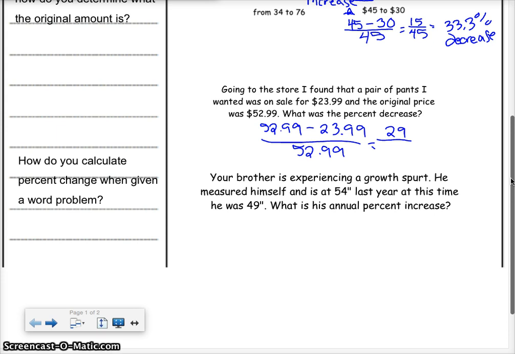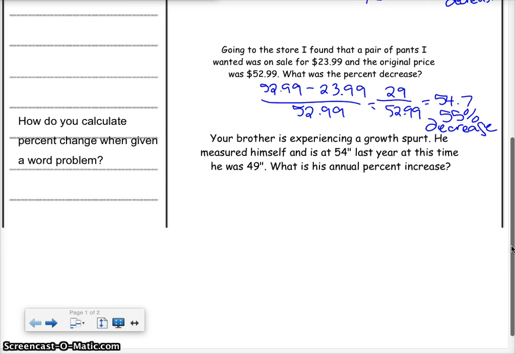Divide that, 29 over 52. 29 divided by 52.99 equals 54.7. But a store would say 55% decrease. That's a good sale. I hope I come across that sale as I buy my kids some clothes this summer. Or not, what? I mean this weekend.